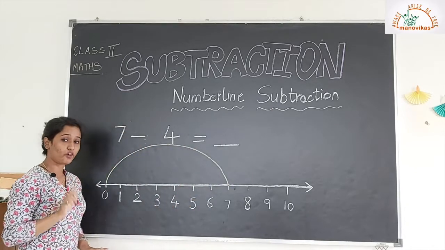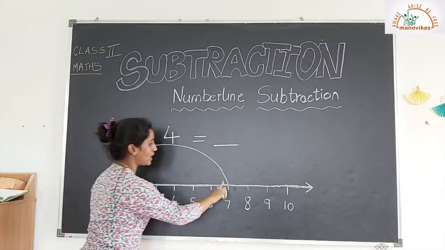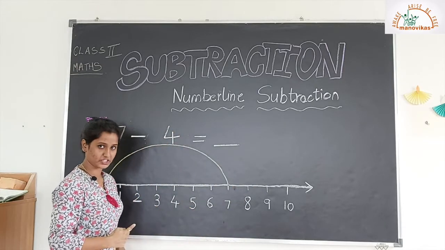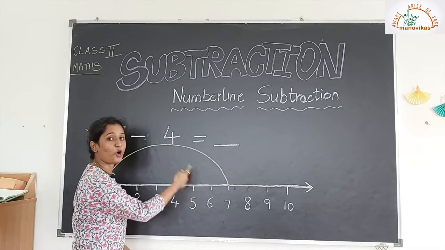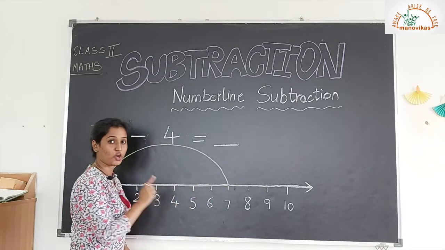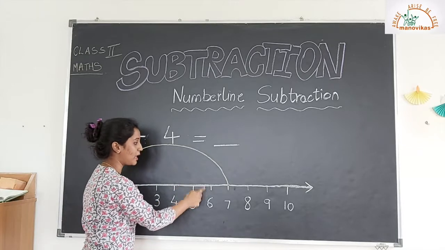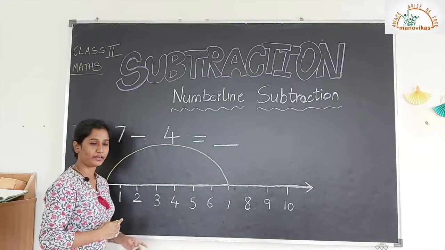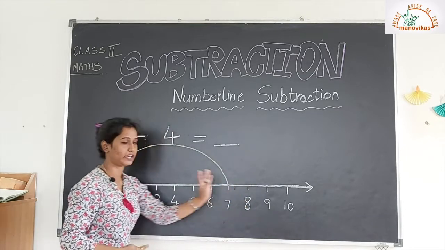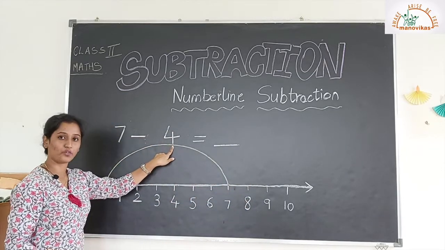Correct? Now for addition, we used to jump or hop on the right hand side, but for subtraction, we have to jump or hop on the left hand side. I repeat, for subtraction on the number line, we have to jump or hop backward, that is on the left hand side and not on the right hand side. So here we have to take out 4.